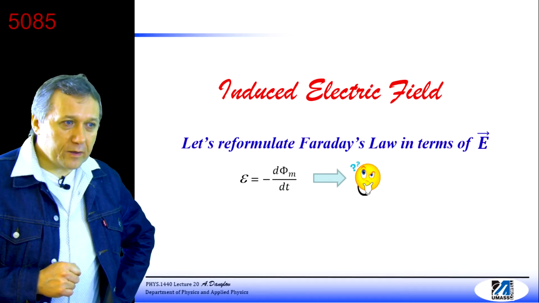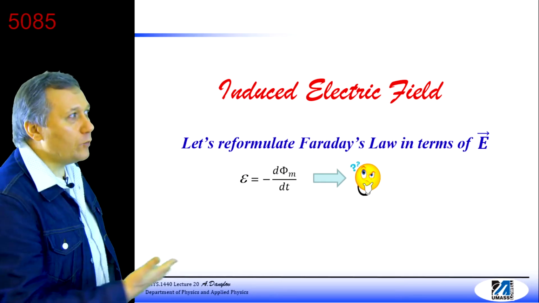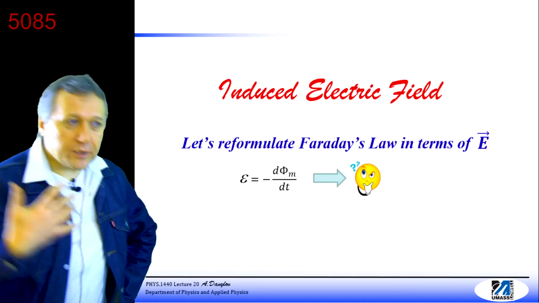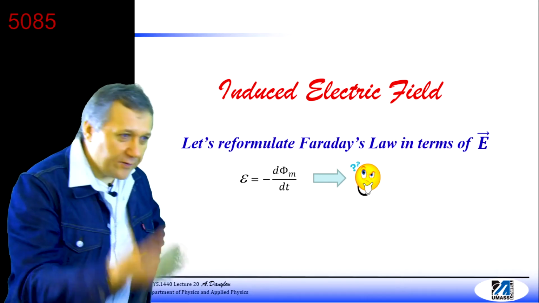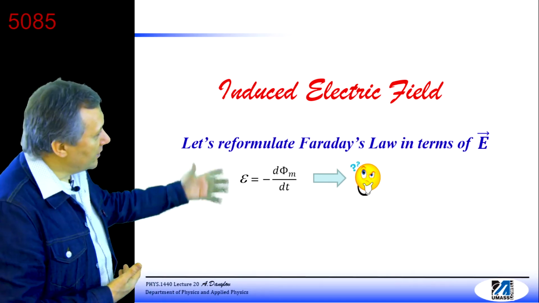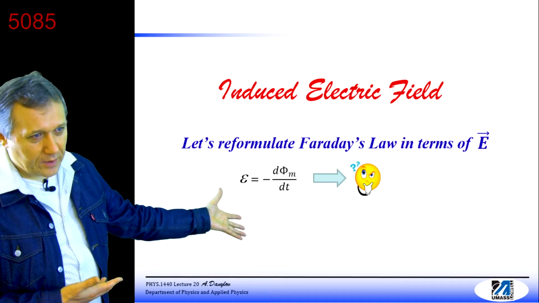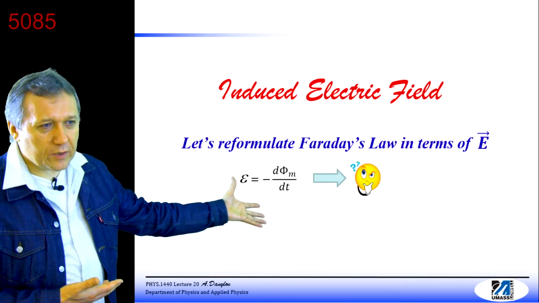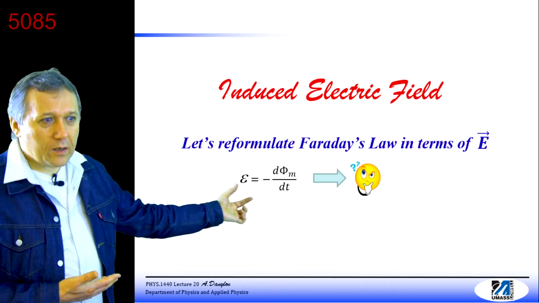this form of Faraday's law is usually used by technicians, engineers, applied physicists. But hardcore physicists, theoreticians, for example, barely use Faraday's law in this form. Why?